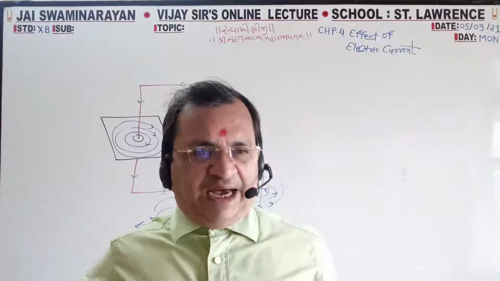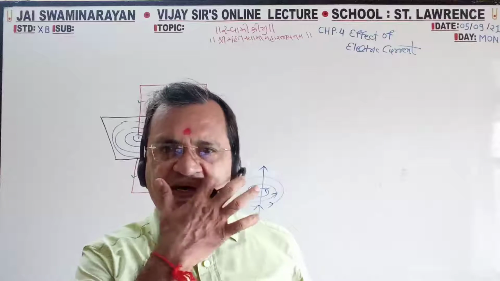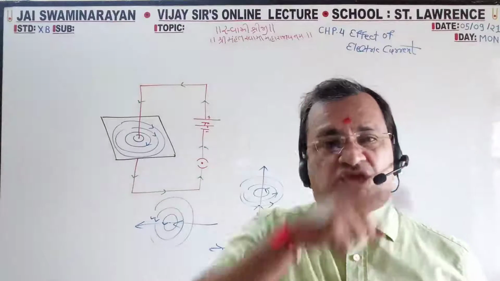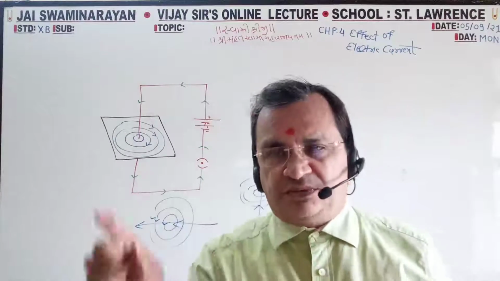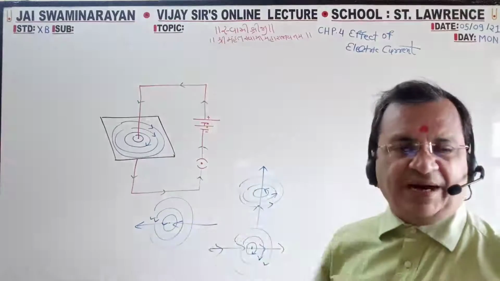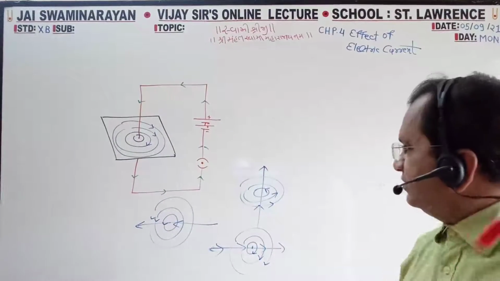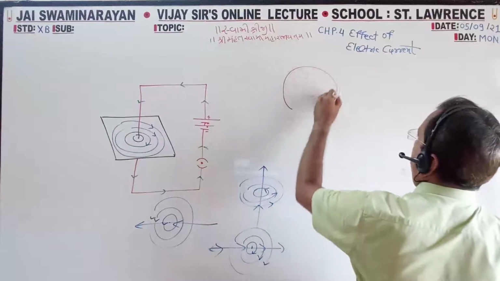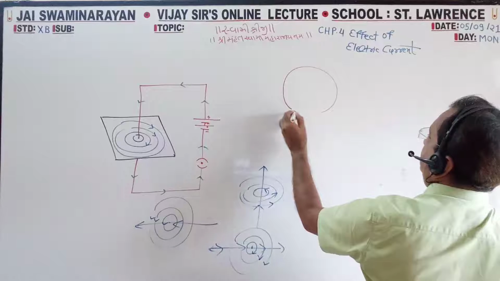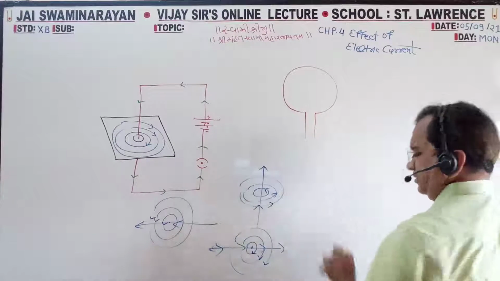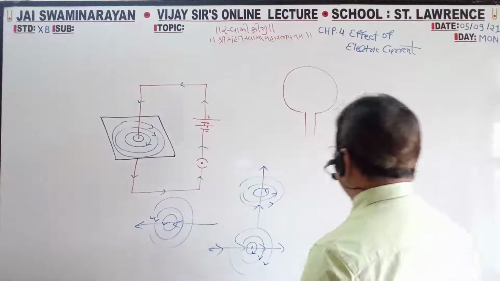Now, I have shown the magnetic field passing from a straight wire. Sometimes it will pass through a loop, a circle. So when it passes through a loop wire, suppose this is a circular loop wire. Correct?